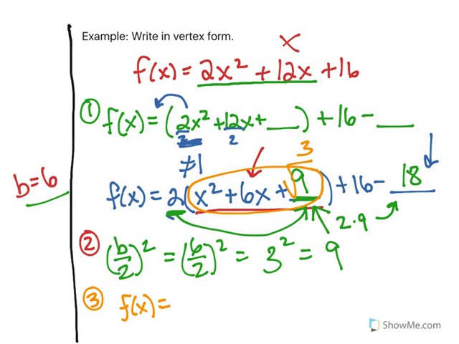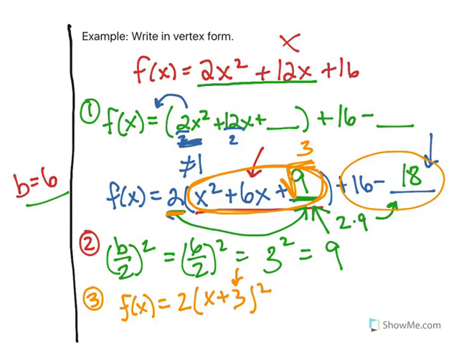So we get step 3, we get f(x) equals, the 2 remains on the outside of the parentheses. Inside the parentheses, the binomial of this perfect square trinomial is x plus 3. Remember, we get this value by taking the square root of this value squared.